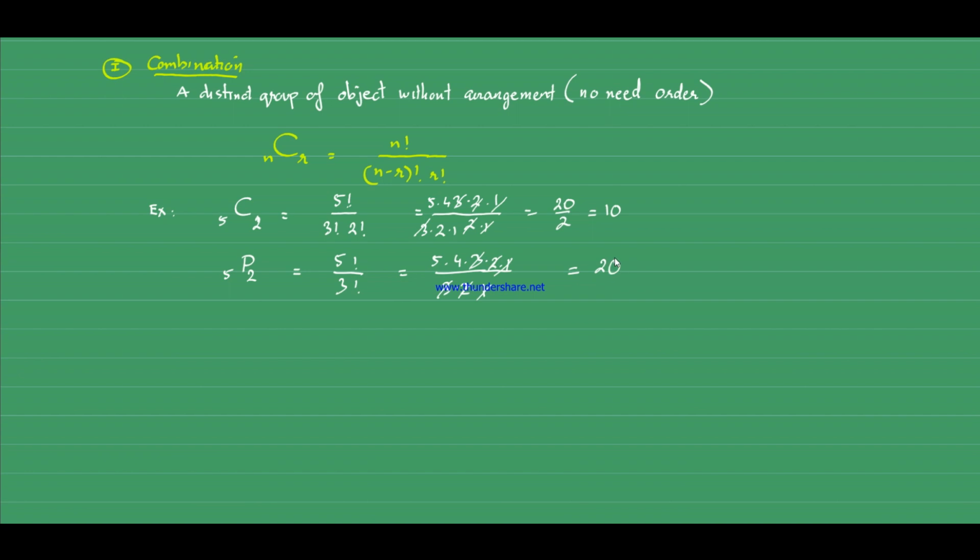So you see that permutation has more possibilities, more options, but combination does not, because we consider the order in permutation, while in combination there's no order, so that's why it has fewer options. Okay, let's check one more time.